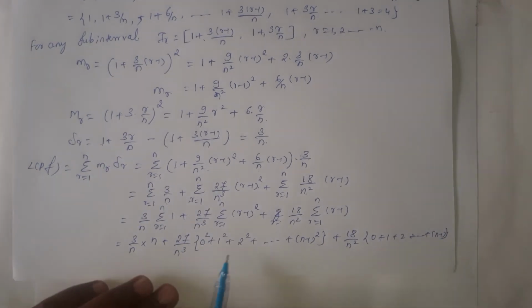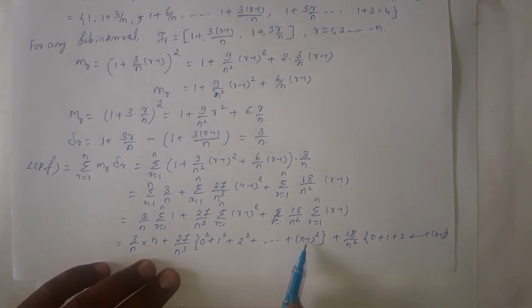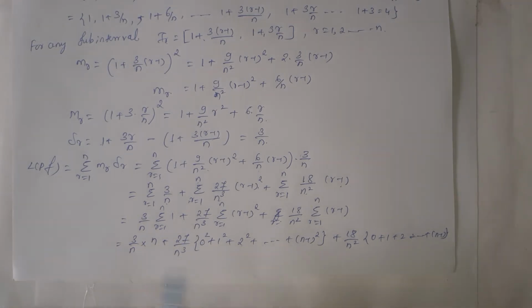So here this 1 square plus 2 square so on up to (n minus 1) whole square, that is the sum of squares of first n minus 1 natural numbers, and 1 plus 2 plus up to n minus 1, that is the sum of first n natural numbers.